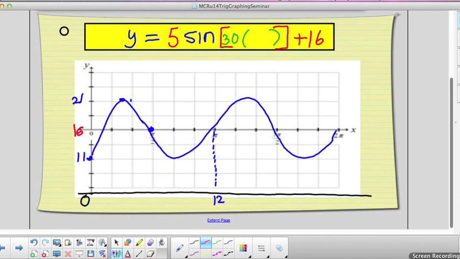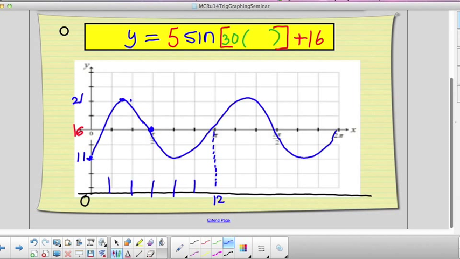Now with the horizontal shift, it's really important how we divide this graph, okay? So, 2 hours, 4 hours, 6 hours, 8 hours, 10 hours, 12. Okay, so if my graph is going to be every 12 hours, and I know that the sine function, let me think about this for a second.